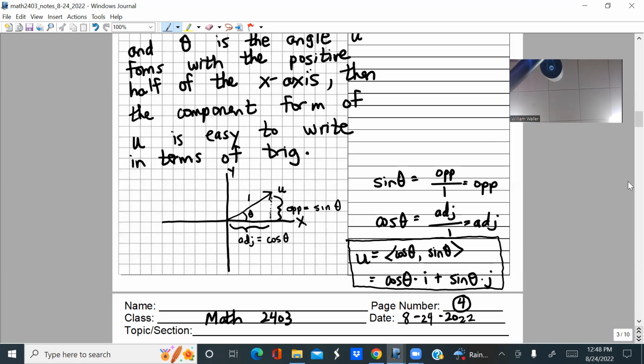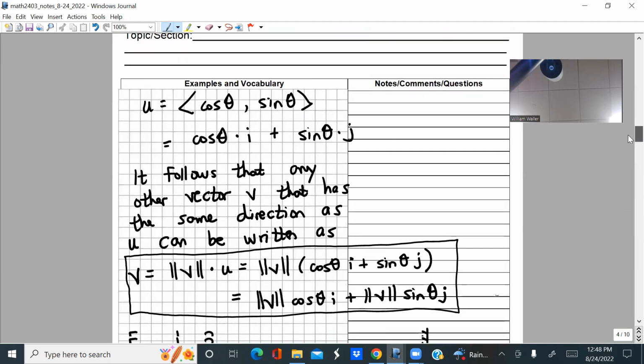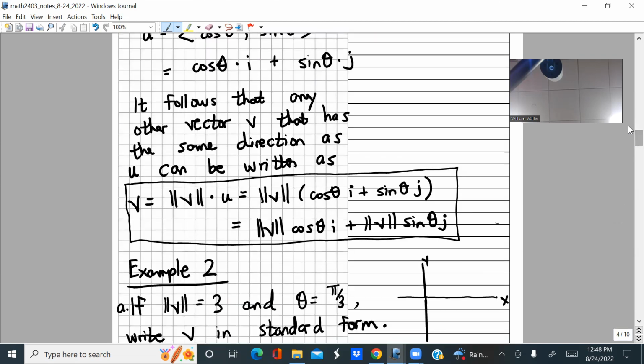Now, what about for vectors that aren't unit vectors? So suppose we have a vector v that's not a unit vector. But look, you can write v always as its magnitude times a unit vector.